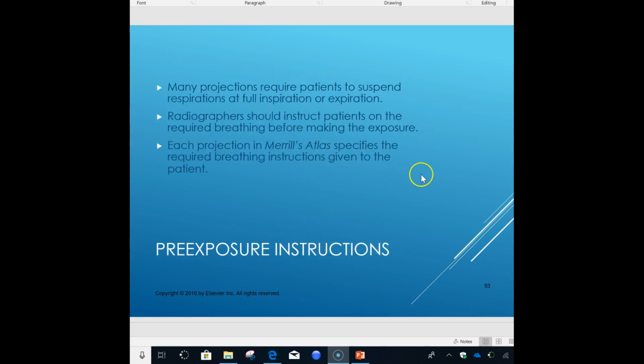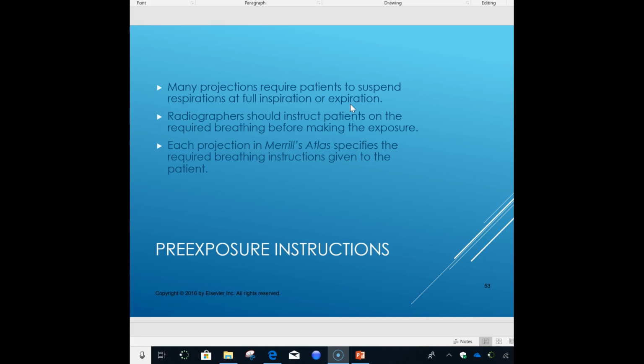Pre-exposure instruction is very important. Give patients clear instructions to try to obtain the most optimal images. Many projections require patients to suspend respiration at full inspiration or expiration, and we talked about that today. Full inspiration for chest generally.